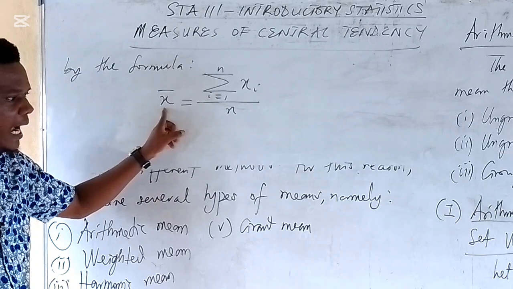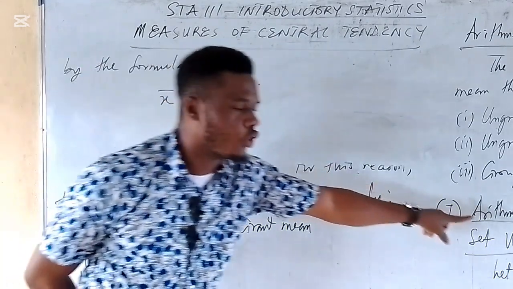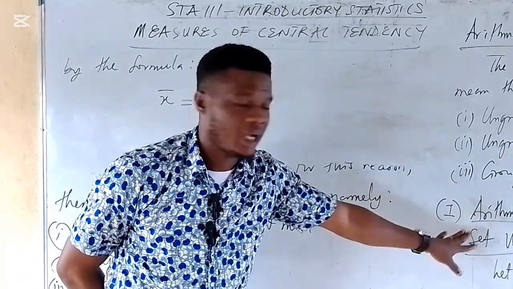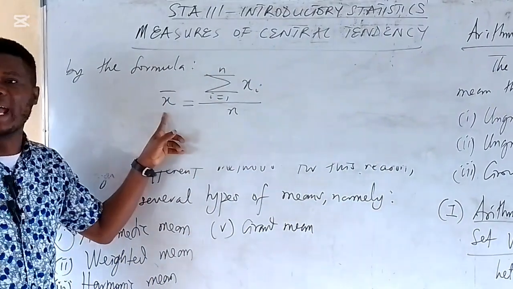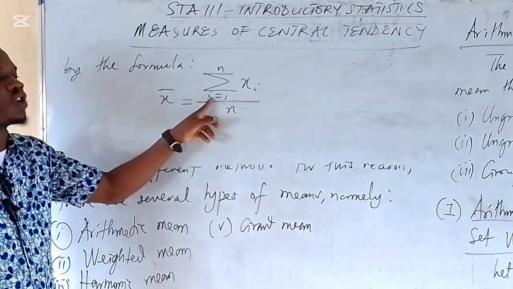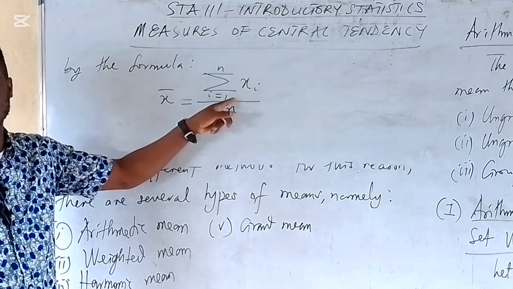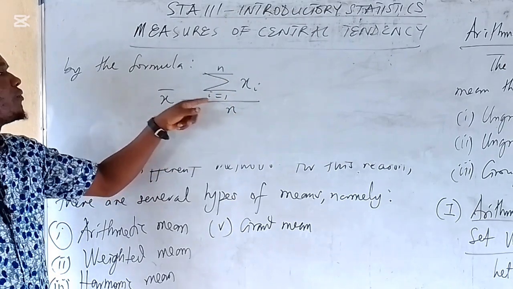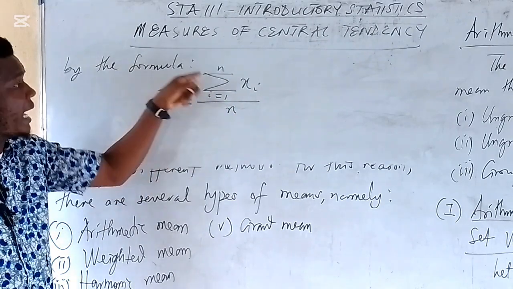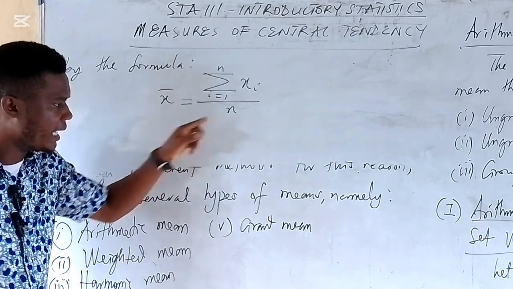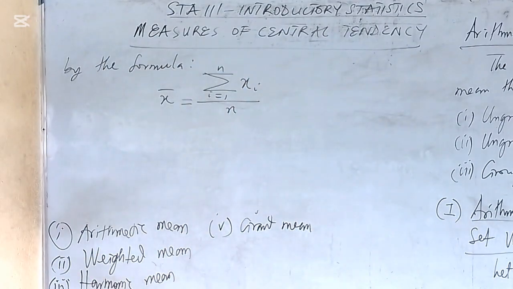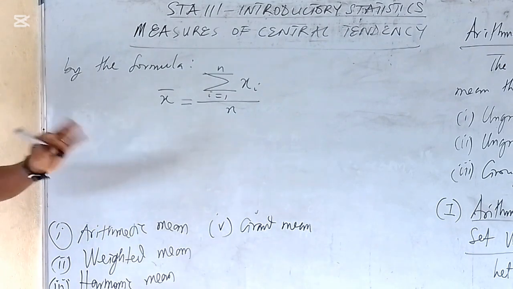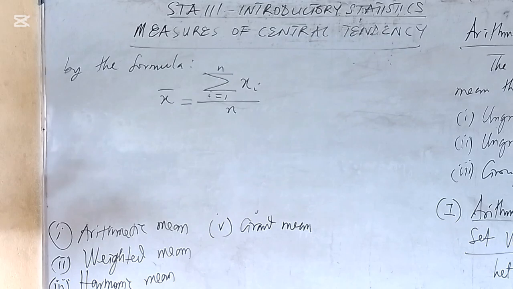So what is x bar for an ungrouped data set without frequency? The formula for x bar will be the summation of all xi's in that data set starting from i equals 1 to n divided by n. Now, I want us to take all our examples at once. So let us take everything that we have to write down at once, then take our example when we are done with that. Is it okay?